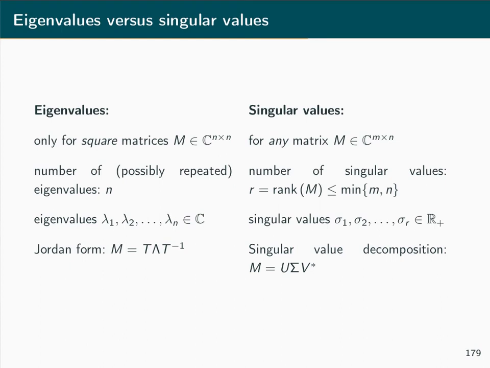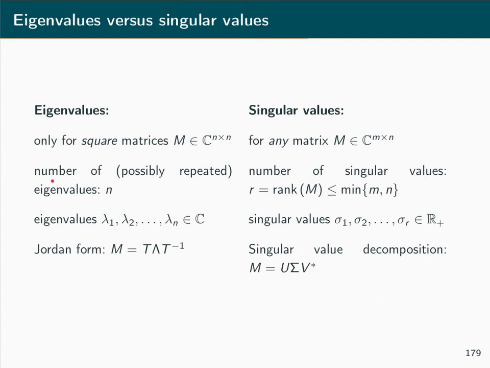This slide compares the two concepts of eigenvalues and singular values and points out the main differences. First, eigenvalues are defined only for square matrices, whereas singular values are defined for any, not necessarily square, matrix.